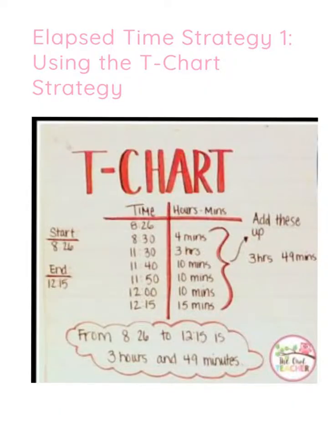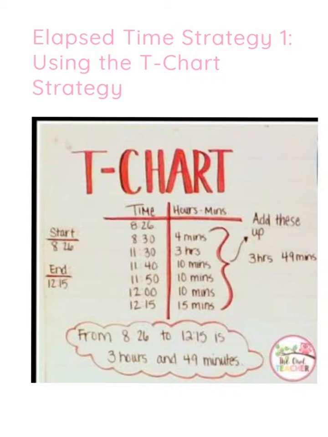So, to use the T-chart strategy, you always want to write out the start and end times so that you can see where you get started and where you need to go. So then you create a T-chart, which is basically a T, and on the left you want to write the time, and on the right you want to write the hours and minutes between the times on the left side.